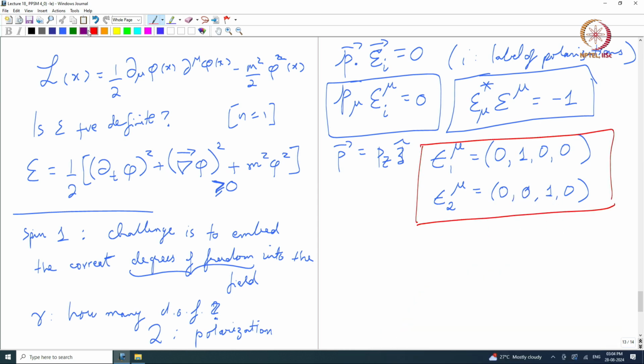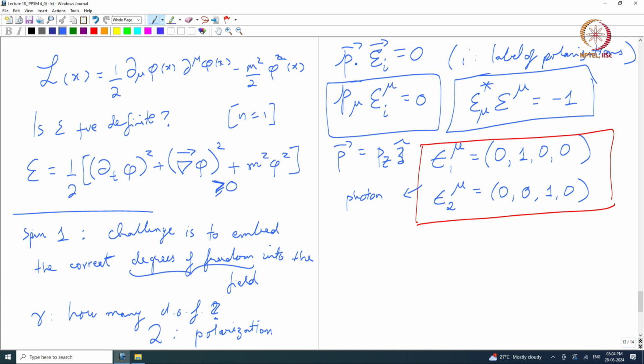Now these two polarization vectors literally define the 2 degrees of freedom that I have. That is it actually, right. Okay, very good. That is for a photon. This is literally the physical picture of the photon.